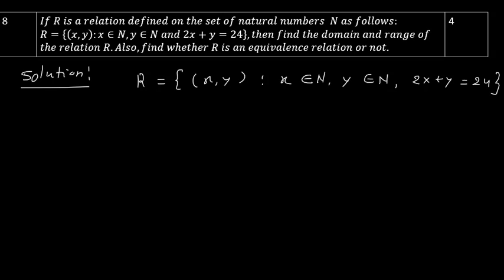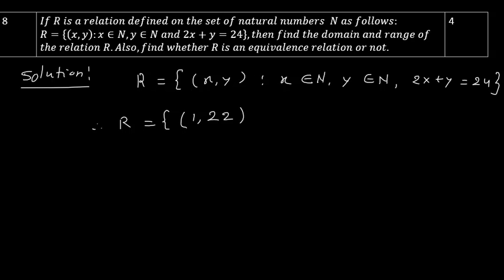So what we do, we represent this set in roster form. Therefore R equals, now we can take the value of x as 1. When we take x equals 1, y becomes 22.